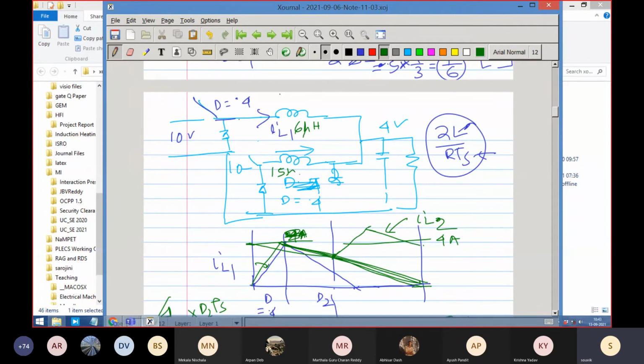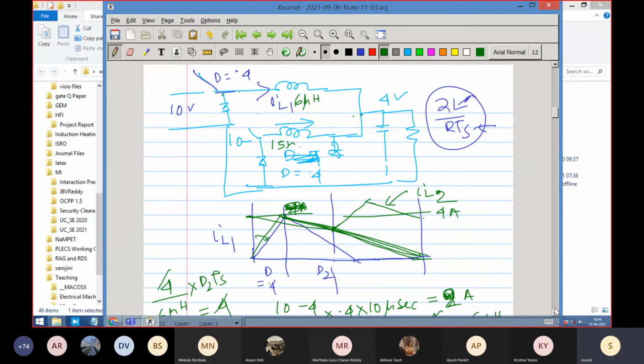Therefore, there is no active current in this. But now, if this current is continuous, if this current is going here, this point is 4 volt. This point is also, if I discontinue, why is this point continuous?